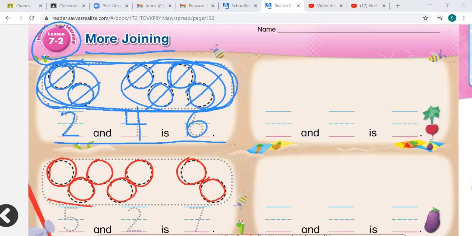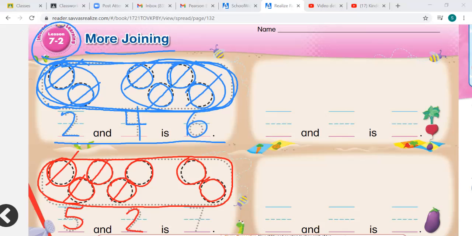We join our 2 groups, so we're going to circle both of them. Let's trace our numbers. So we have 5 tomatoes on one plant and 2 tomatoes on another plant. How many tomatoes in all? 1, 2, 3, 4, 5, 6, 7. We have 7 tomatoes in all. All right, let's move on.